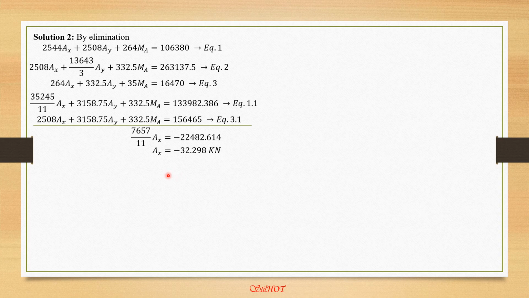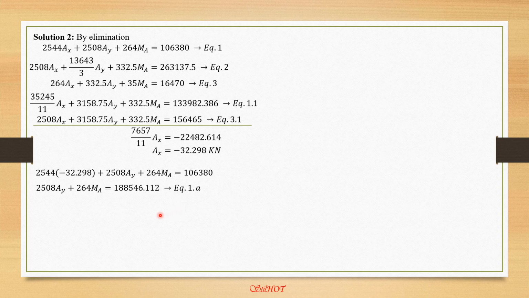So that's okay. Then we substitute the value of AX into equation 1. So 2544 times negative 32.298 plus 2508 AY plus 264 MA equals 106,380. Then we have a new equation 1: 2508 AY plus 264 MA equals 188,546.112. Call that equation 1A.